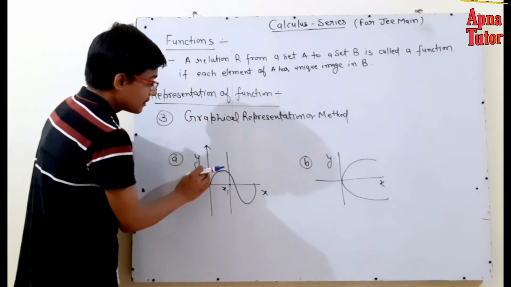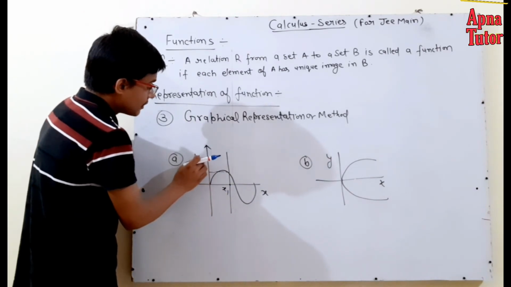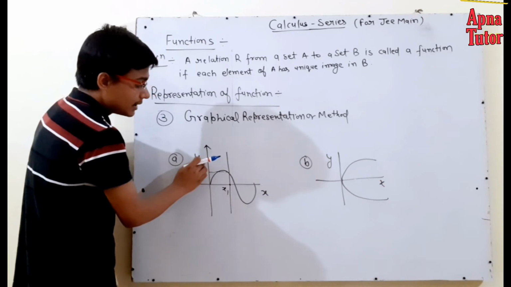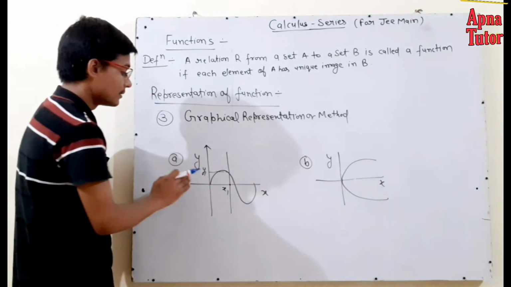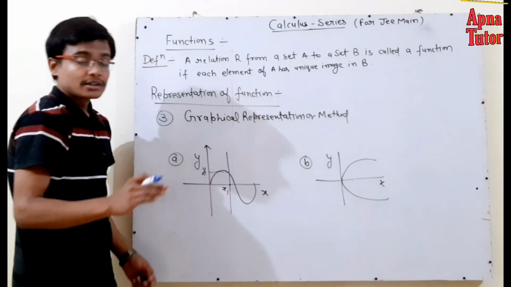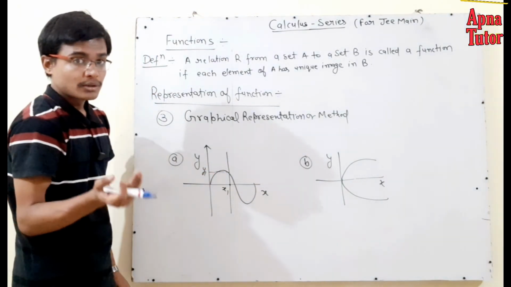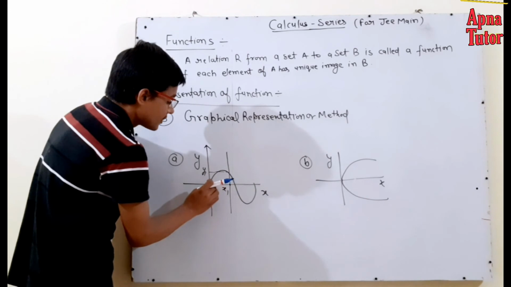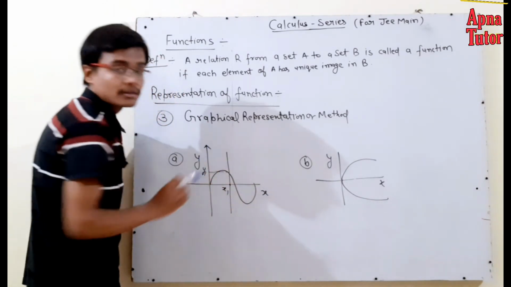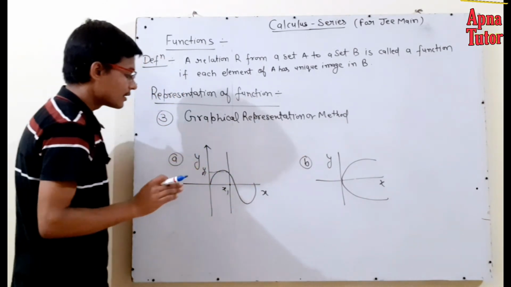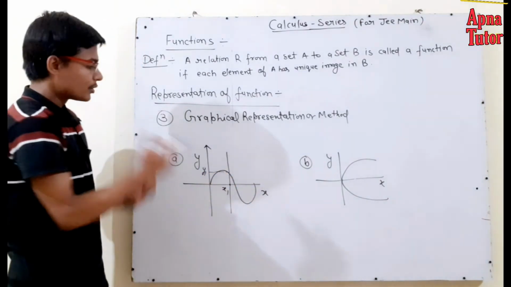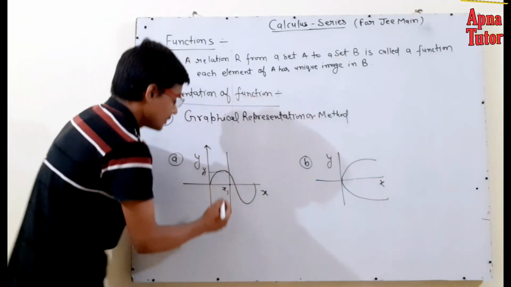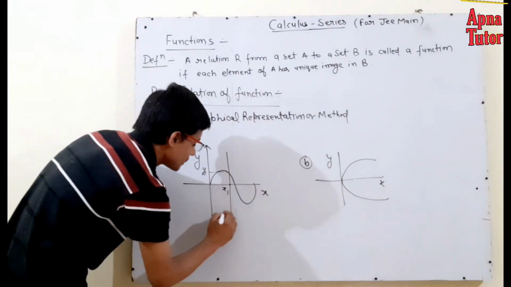This relation is given by all the elements of set A and all the elements of set B. You can make a relation between them in equation form, which is given by the equation of this curve. Whatever the equation of this curve is will give you a relation between both the sets. In this manner you can say that this is a function.